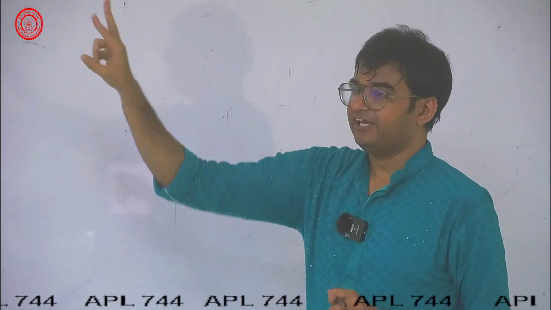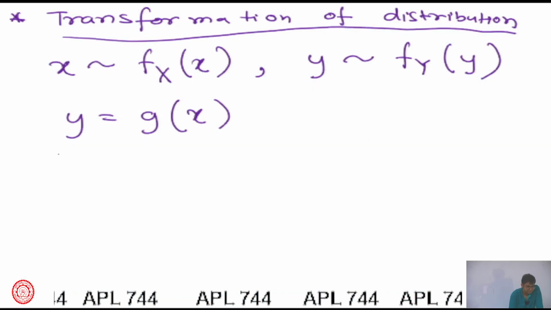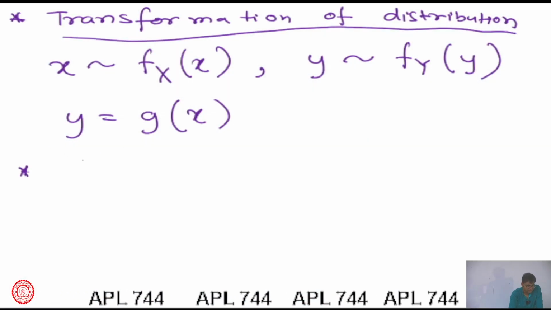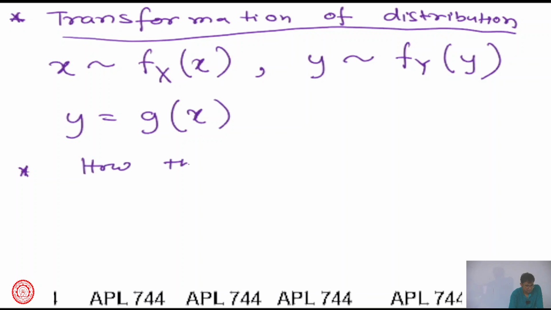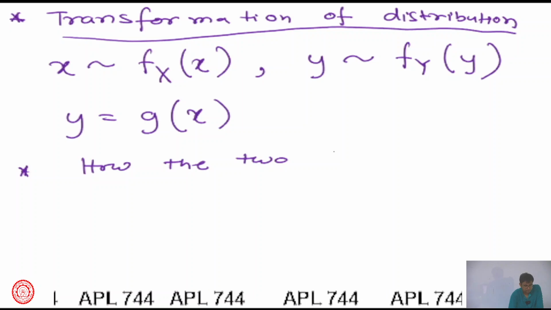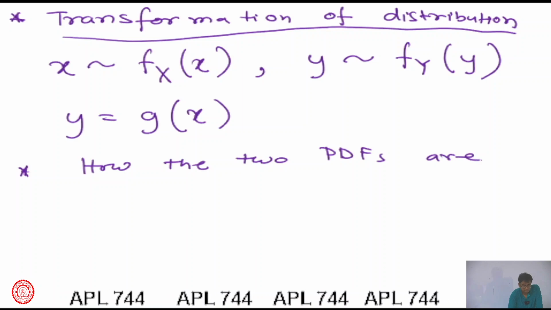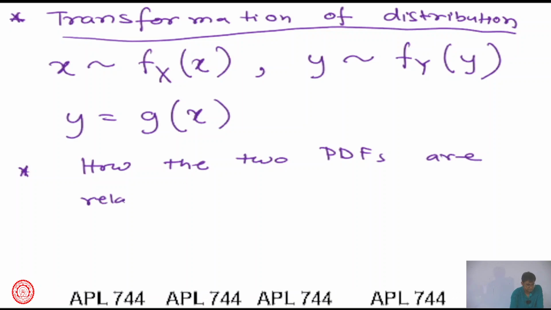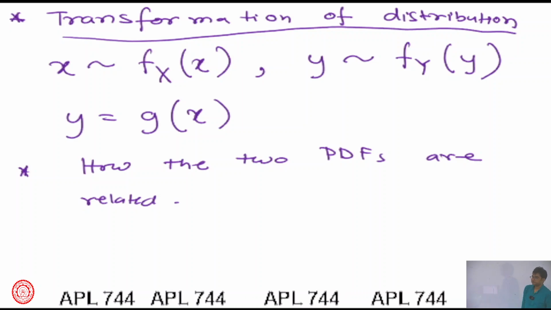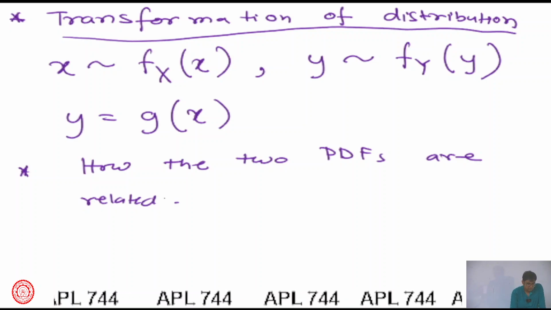I want to find the relation between the two PDFs. So, the objective is to find how the two PDFs from which x and y are generated are related. Okay. That is what we want to find out.